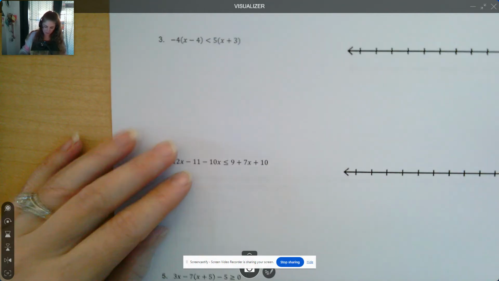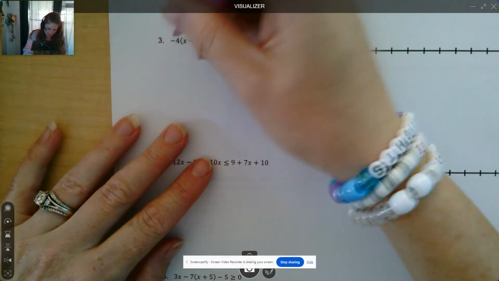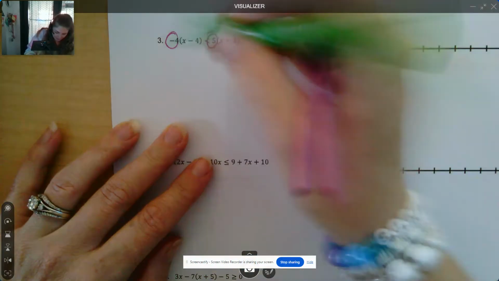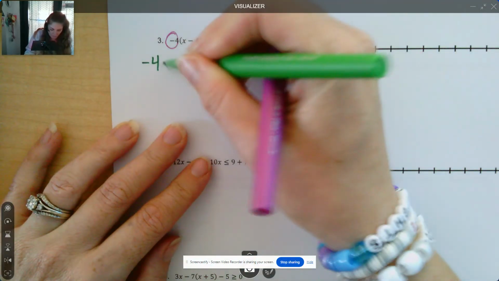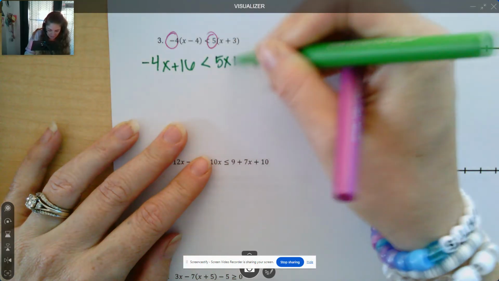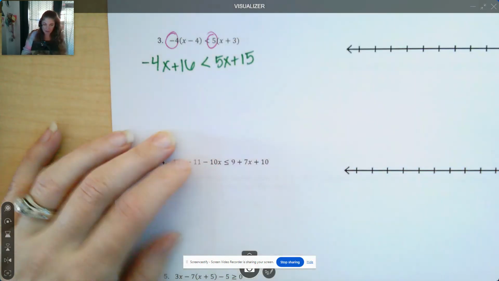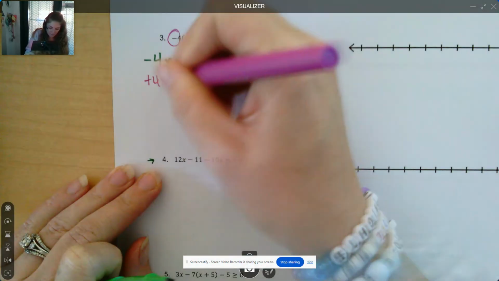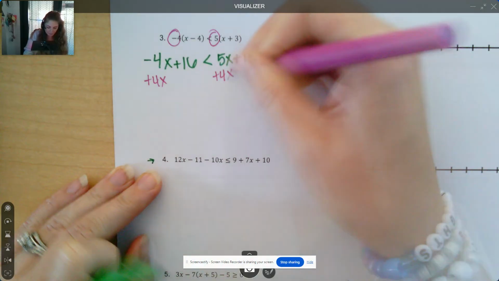So taking a look at 3, I need to distribute my factors first. So I end up with negative 4x plus 16 is less than 5x plus 15. Taking a look, my smaller variable is negative 4x, so I'm going to add 4x to both sides.